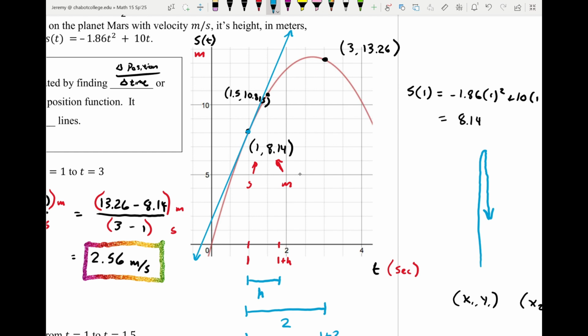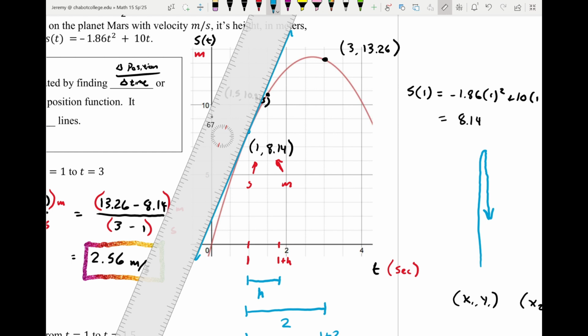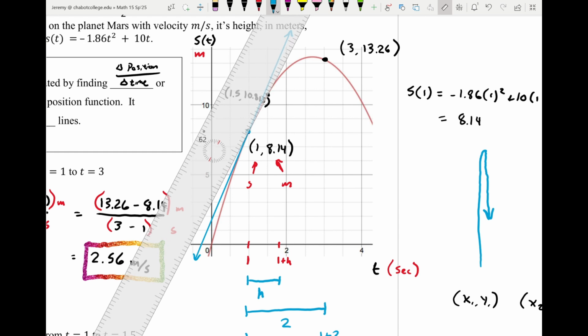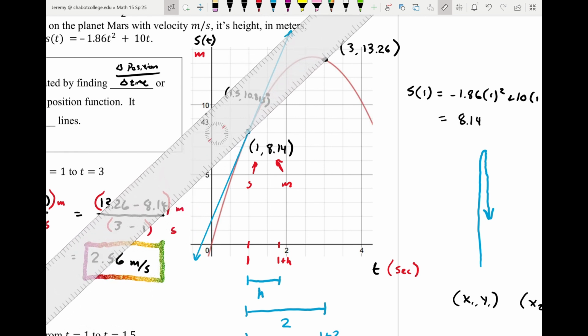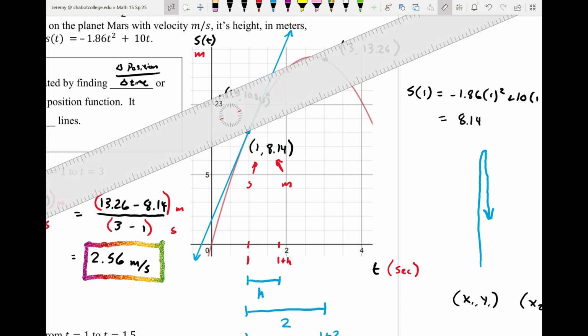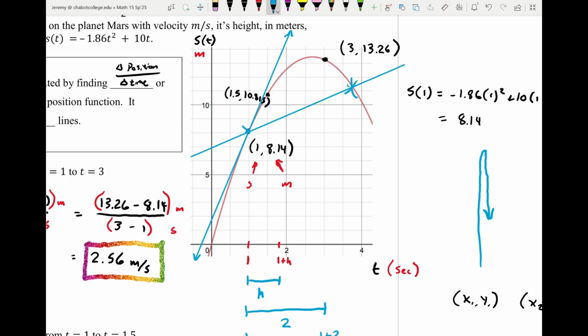In order to achieve this, we need this line to perfectly mimic the slope of the graph. Because think if you took this line, let me pull out my ruler. If this line was tilted at all, like there, all of a sudden it's intersecting more than one point of the graph. Or if I tilt it more, like that, if I draw that line, it's going to intersect the graph at 2 points, right here and right here.